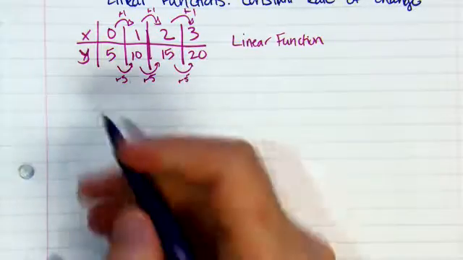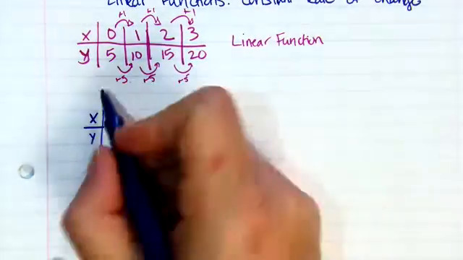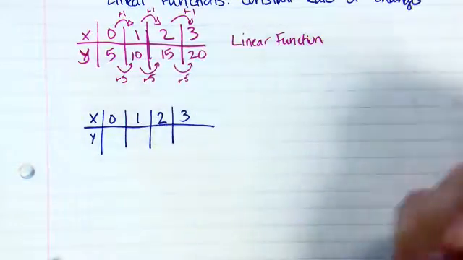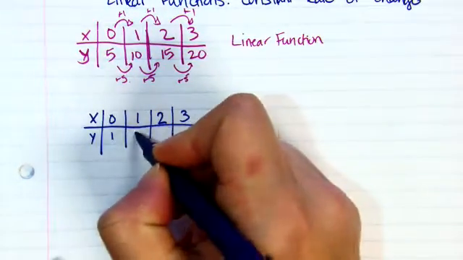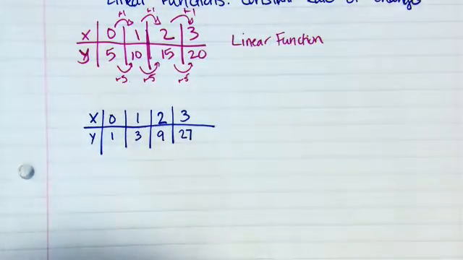So this is linear. But let's look at a different table where we have our x and our y again. X is still going to go 0, 1, 2, 3, but y is going to go 1, 3, 9, 27.